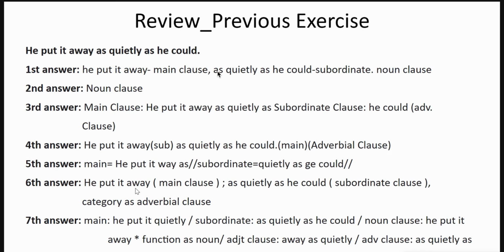Number 6, he put it away, main clause, as quietly as he could, subordinate clause, category as adverbial clause, betul. Number 7, he put it quietly as he could. So there's repetition in the word quietly. Noun clause-nya he put it away. Ya, jadi from this answers, I could say that teman-teman are still confused in understanding the concept of dependent and independent clauses and then the types as well.